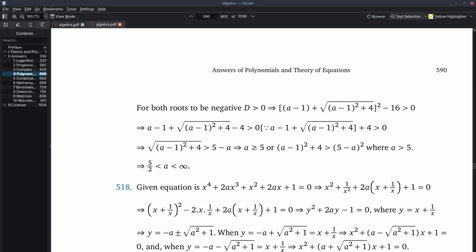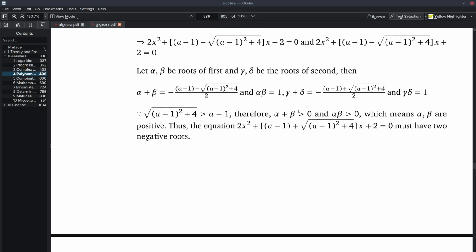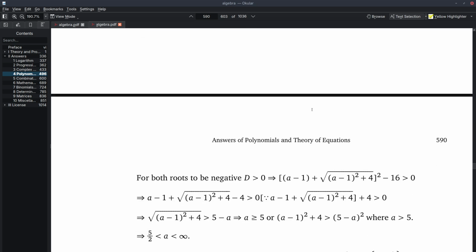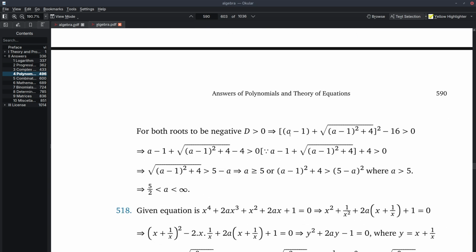Now for the roots to be real, the discriminant should be greater than 0. So we compute the discriminant. For the roots to be positive, we have this equation divided by 2, so essentially the numerator should be greater than 0.